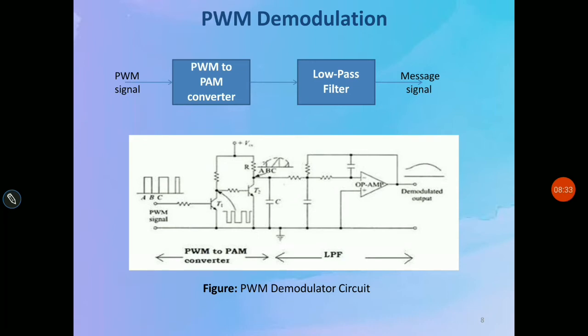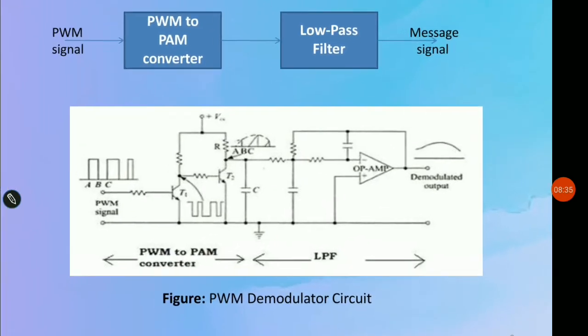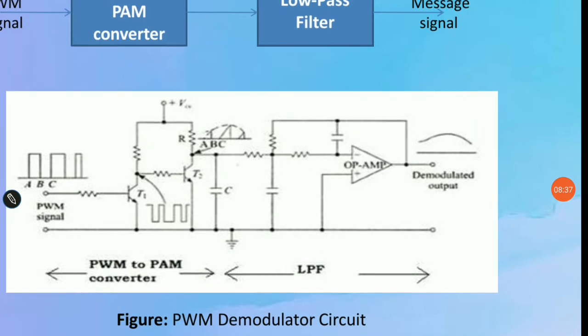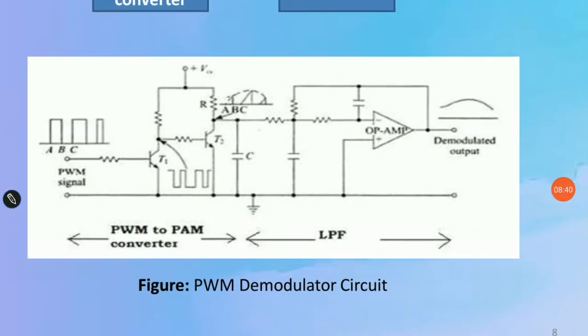Now you see in this circuit that again two transistors are used, T1 and T2. The transistor T1 works here as an inverter.